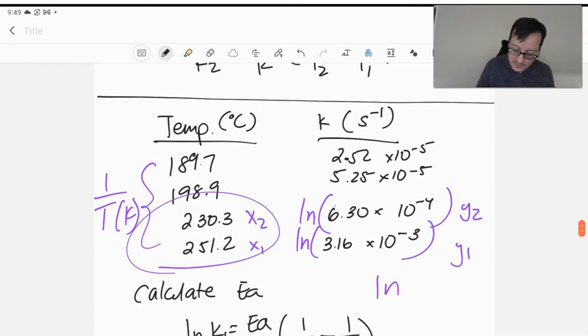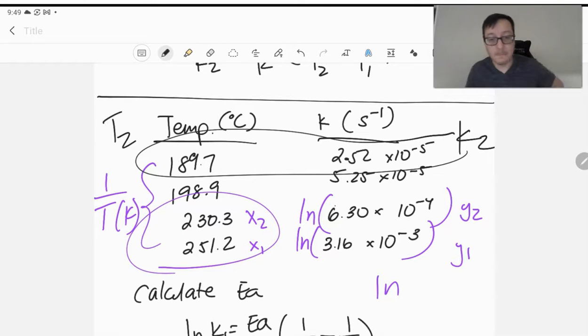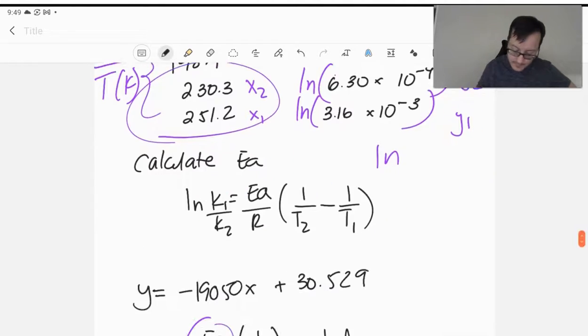So why don't we choose this one? We can use this as k2 and T2. Of course, T2 needs to be in Kelvin, so 189.7 plus 273.15. So here we go.